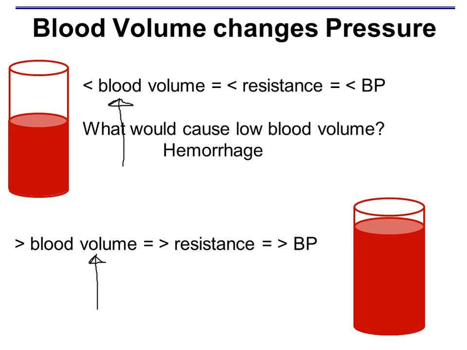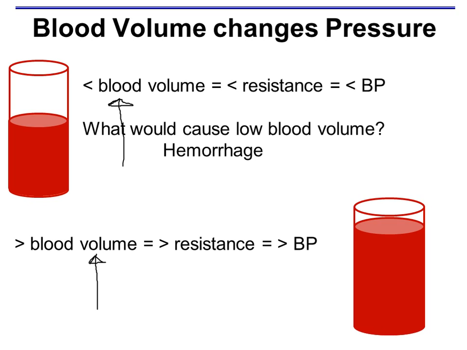As blood volume drops, your body's going to attempt to make up the difference. So one of the things that happens when our blood volume drops, as in the case of hemorrhage, is our heart rate goes up. Unfortunately, that causes us to bleed out a little bit faster. So if you're losing blood volume in large amounts in a short period of time, such as hemorrhage, the body tries to make up the difference by raising heart rate.